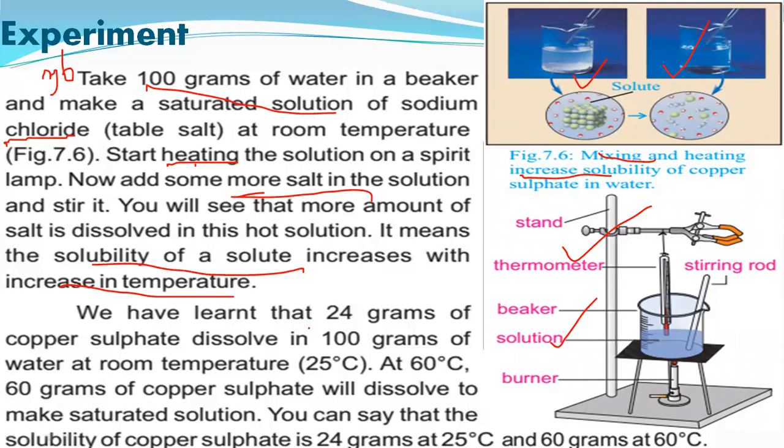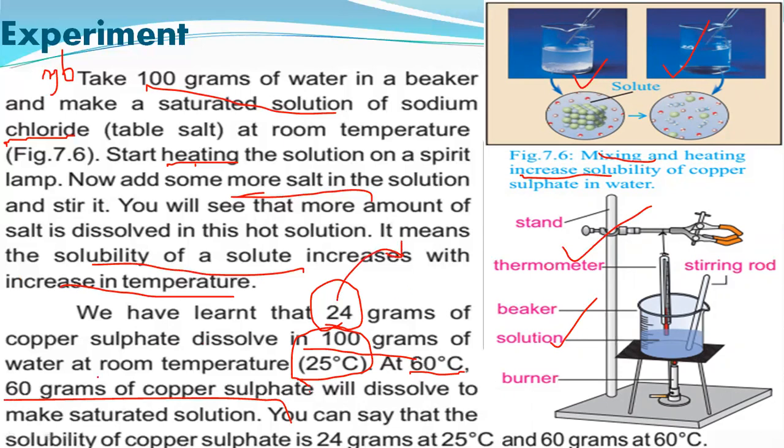So now we are at the result that 24 grams of copper sulfate dissolved in 100 gram of water, but at room temperature, that is 25 degrees centigrade. But when we increase the temperature, so at 60 degrees centigrade, 60 grams of copper sulfate will be dissolved. So it means 24 to 60 gram.